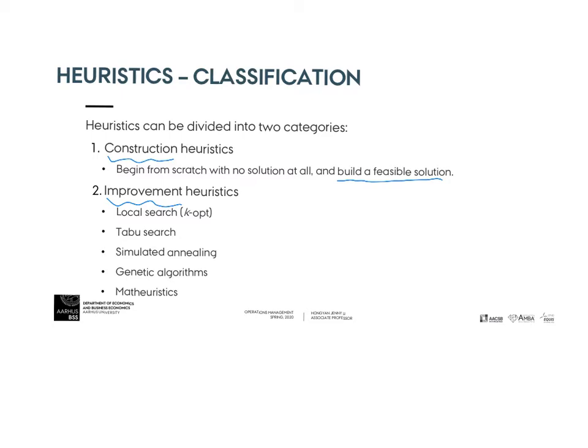Then you find a new benchmark and continue to improve. Normally, improvement heuristics is a continuous improvement process. Here there are many different methods. You just need to know the names, not necessarily the details. We use examples to show you how it works.